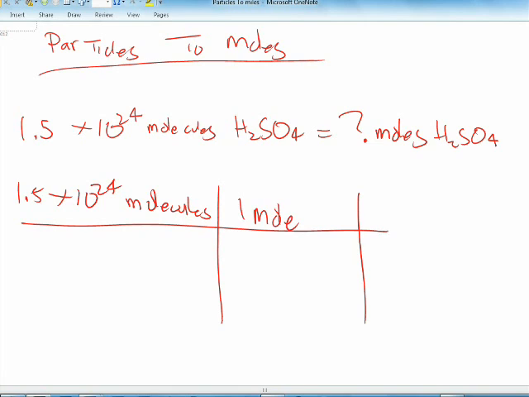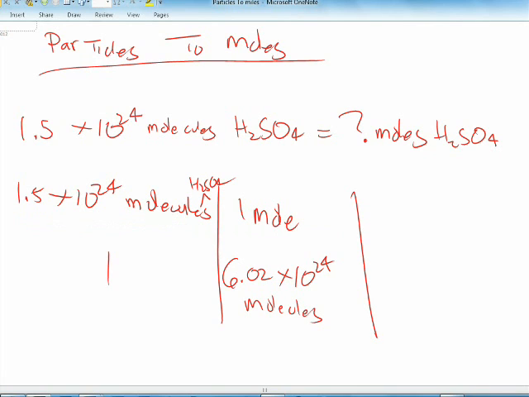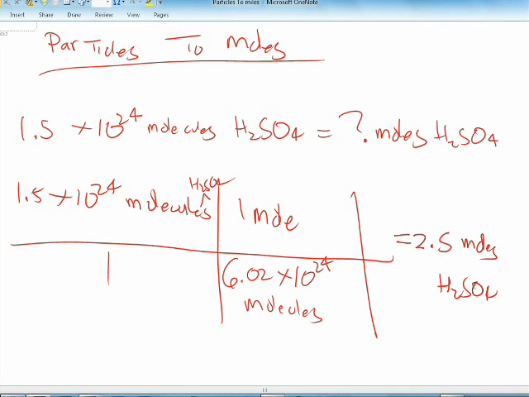So 1 mole of H2SO4 is 6.02 times 10 to the 24th molecules, and this really should go over here, H2SO4, but it all comes out the same regardless. We multiply it across. That equals 2.5 moles of sulfuric acid.